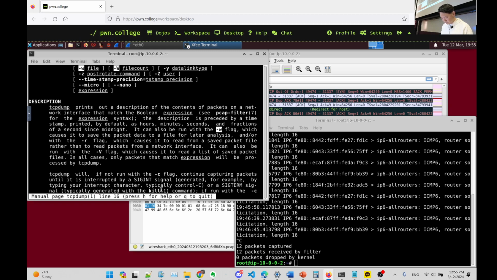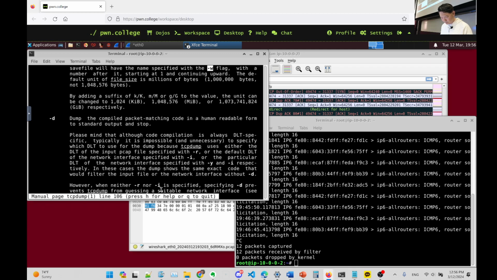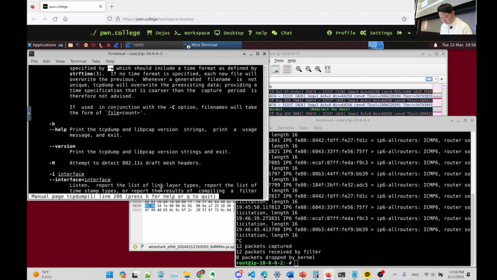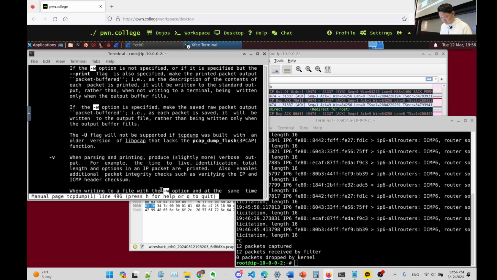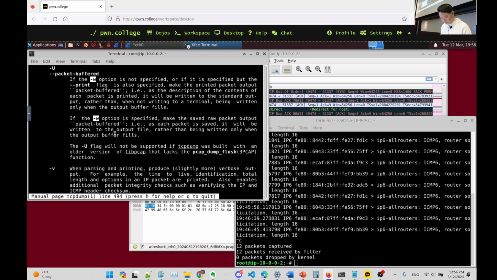Yes, so -w, to write the packets to a file, the output packet buffer. So we can use the -w option.